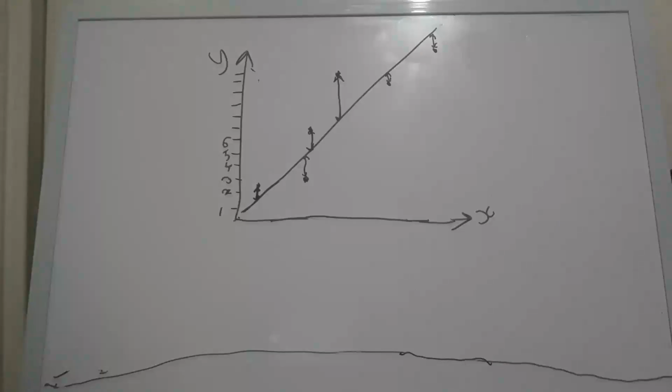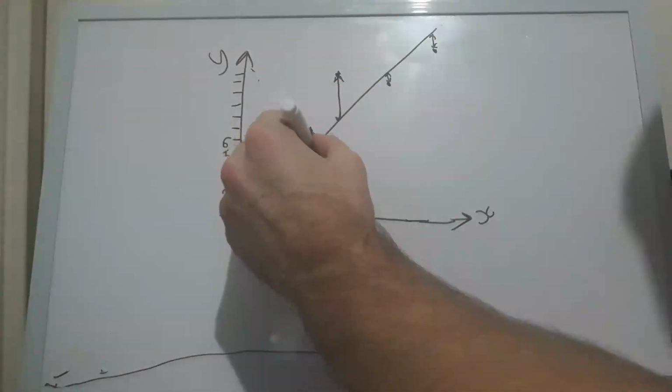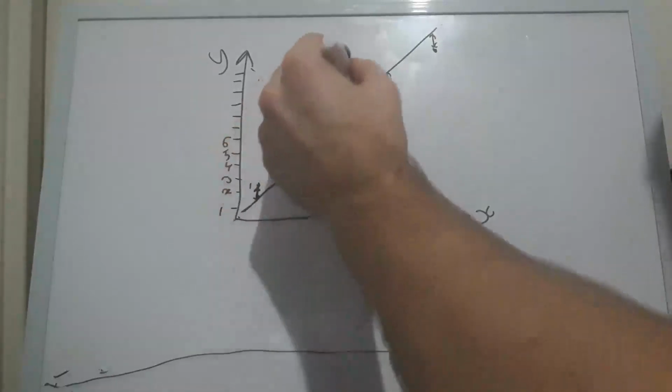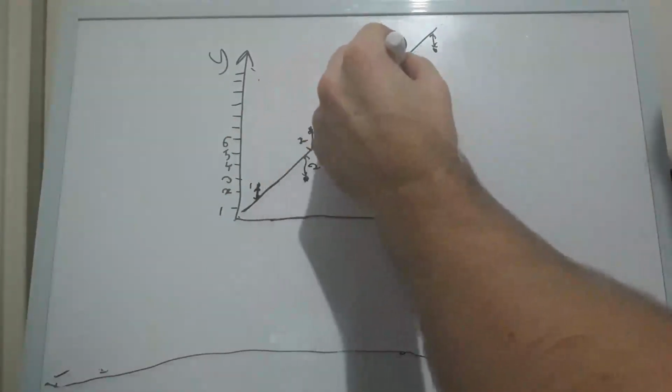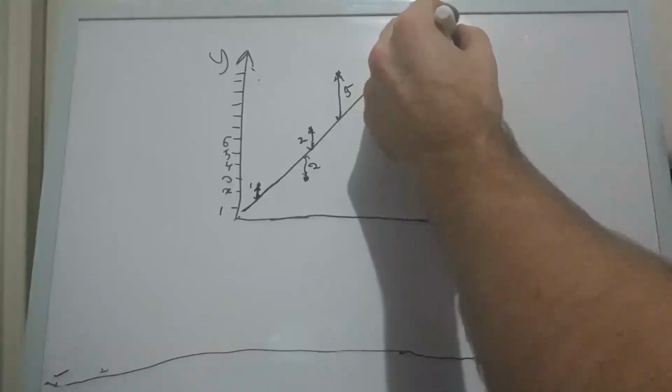Or what's more commonly done, let's say that's a 1, let's say that's a 2, call that a 5, we'll call that a 1, and let's call that a 2.